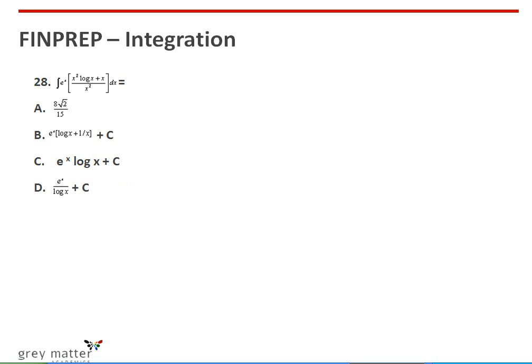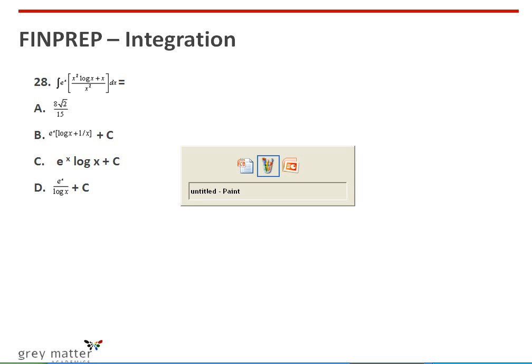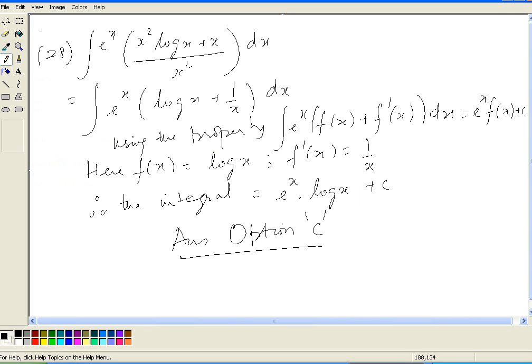28th problem, integral e power x into x squared log x plus x divided by x squared dx. Going back to our worksheet, this can be further simplified as integral e power x, you divide x squared throughout, so you'll have e power x into log x plus 1 by x dx.